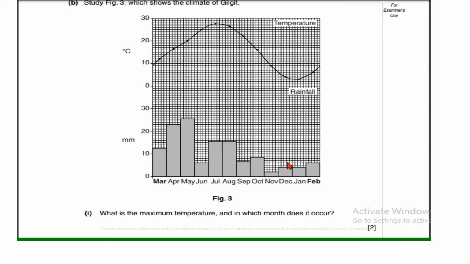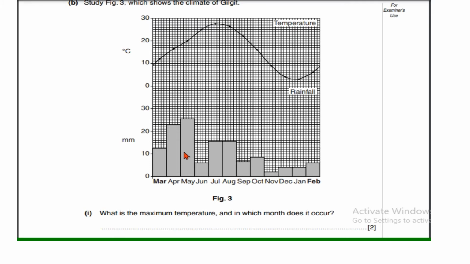You will compare how much is the rainfall in the first group of months, whereas in the second group of months the rainfall is this much. Please give exact figure. Then if you are going to talk about temperature, you talk about first group of months, and then in the same sentence or in the next sentence you talk about the temperature range with exact figure for the next group of months.